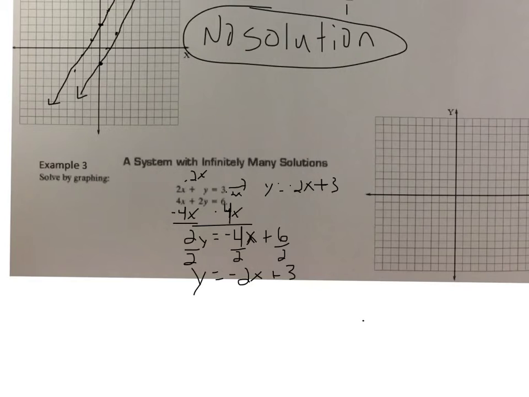So I can graph that equation. It's up 3. The slope is negative 2, so that would be 2 over negative 1. So I would be up 2, left 1, and keep going up 2, left 1, or I could go down 2, right 1. Either way, you get the same line.